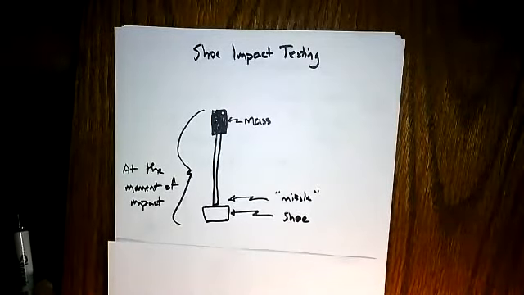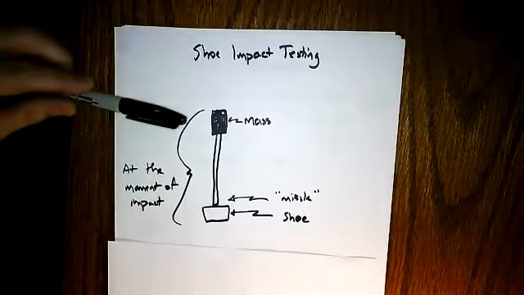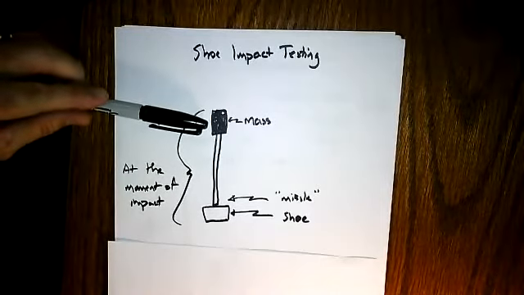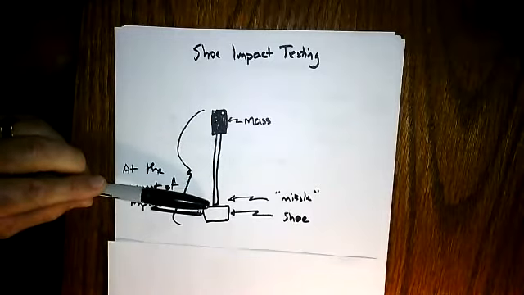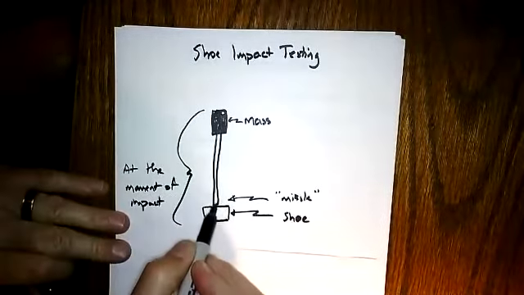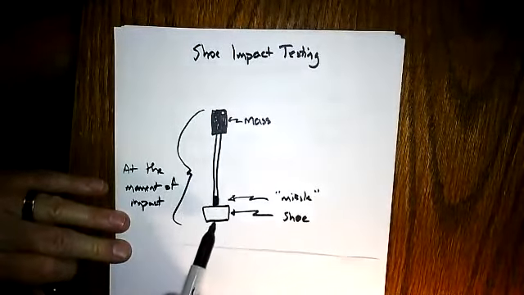In the last video, I showed a picture of it from the manufacturer, and I'm just reducing that picture to something pretty simple like this. We have a mass that's connected to a rod, and that rod ends in what I would call a missile that's going to impact, in this case, the test material.